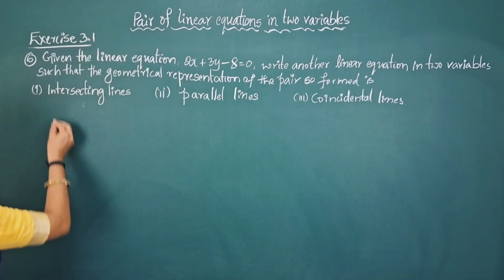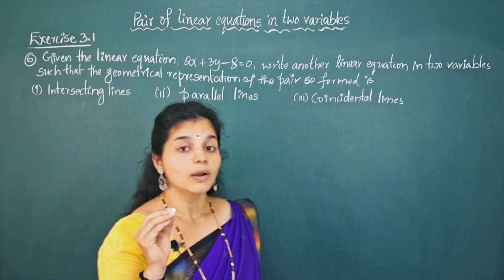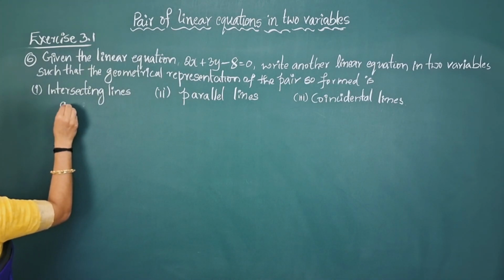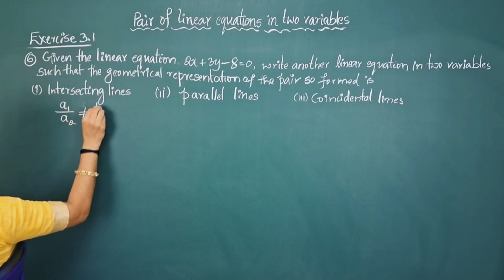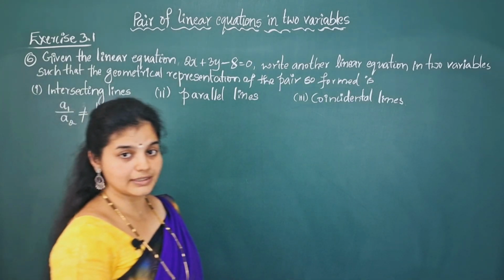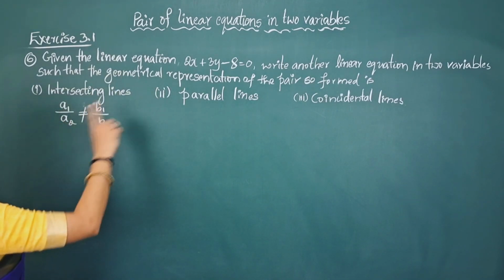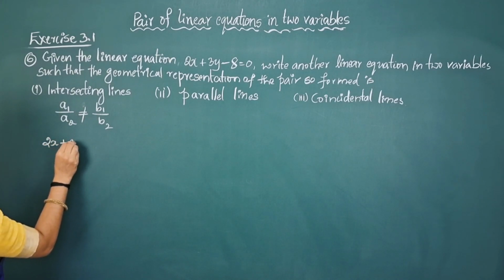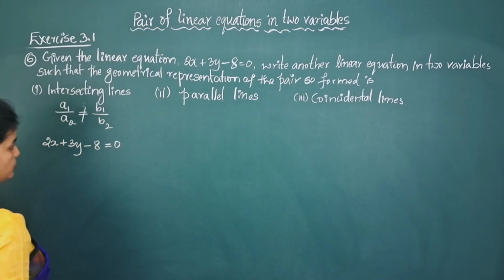You know the condition for intersecting lines: the ratios of the coefficients of the variables should not be equal, right? A1 by A2 is not equal to B1 by B2, we know this is the condition for intersecting lines. Now the given equation is 2x plus 3y minus 8 is equal to 0.